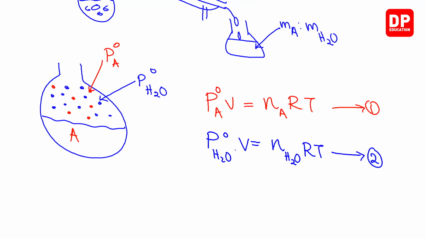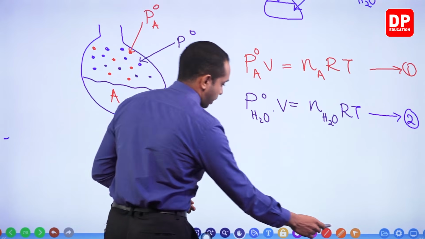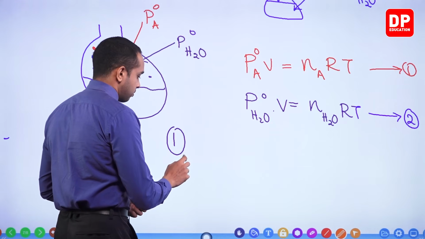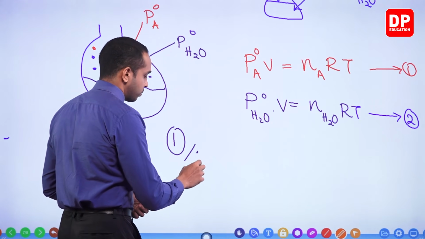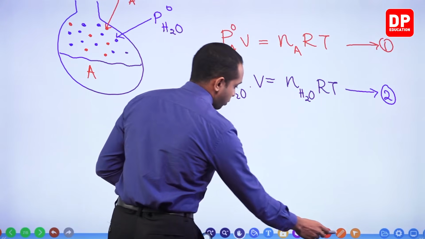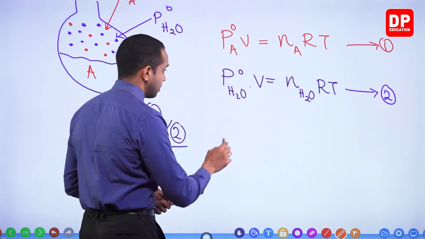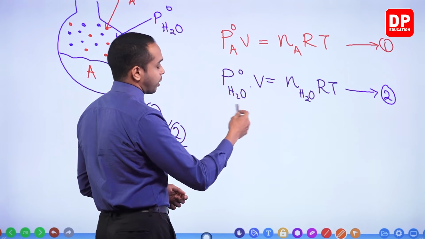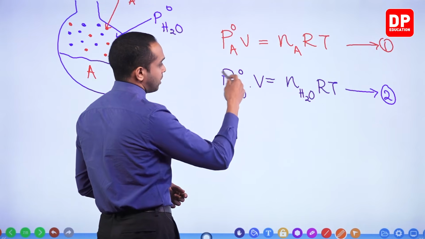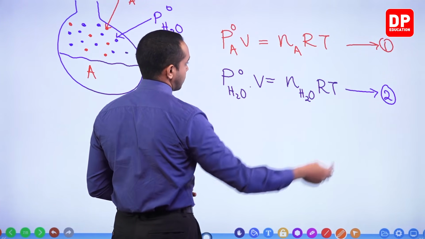So students, simply, if you write expression 1 divided by expression 2, you are going to get to this answer. You don't have to actually write it separately and then cancel off. You can see here itself that V cancels off, and RT cancels off on both sides.